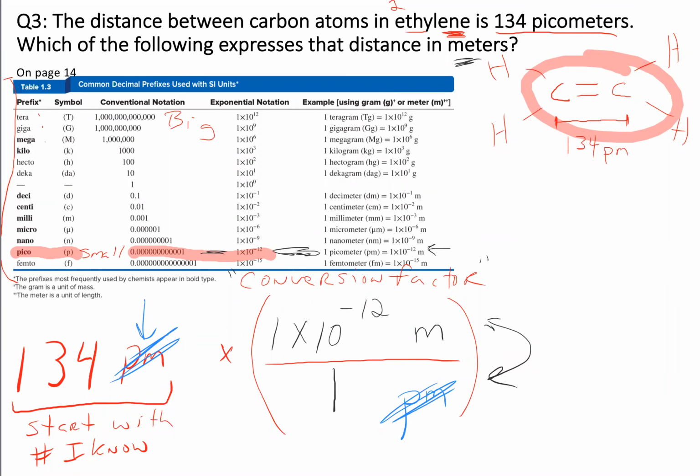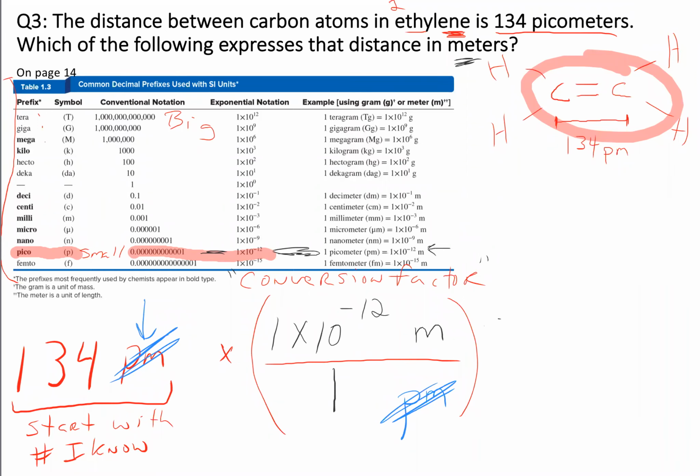They're the same distance. 1 picometer is equal to 1 times 10 to the minus 12 meters. If I was to measure both of those, I'd get exactly the same length, exactly the same distance, no difference. They just have different units of measure, don't they? And that's all we're doing here.